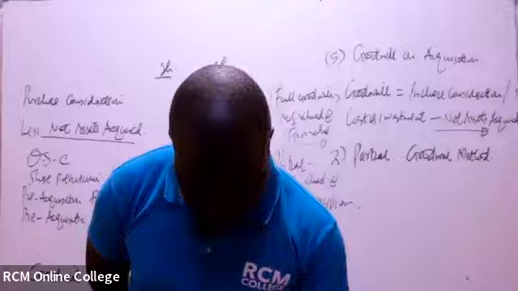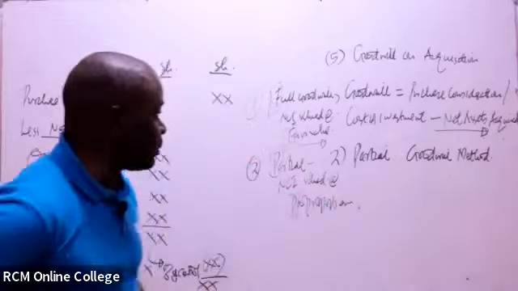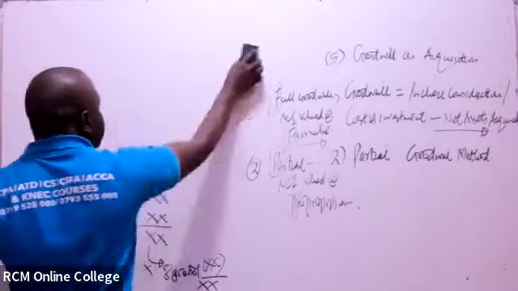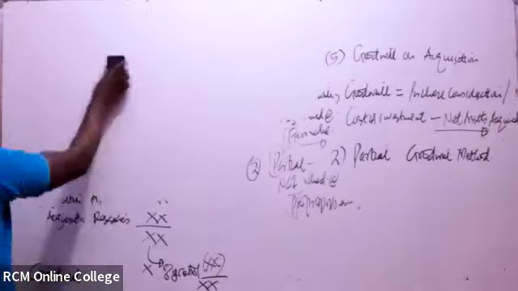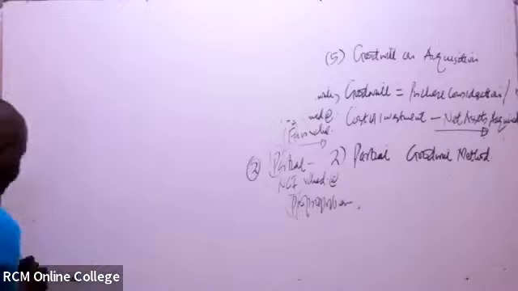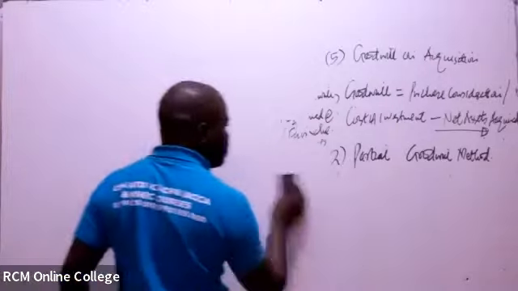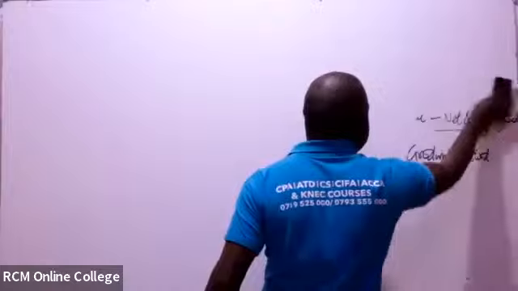There's another one, what we call fair value adjustments. That could be the one I need to look at before we start on questions and illustrations from the past papers.